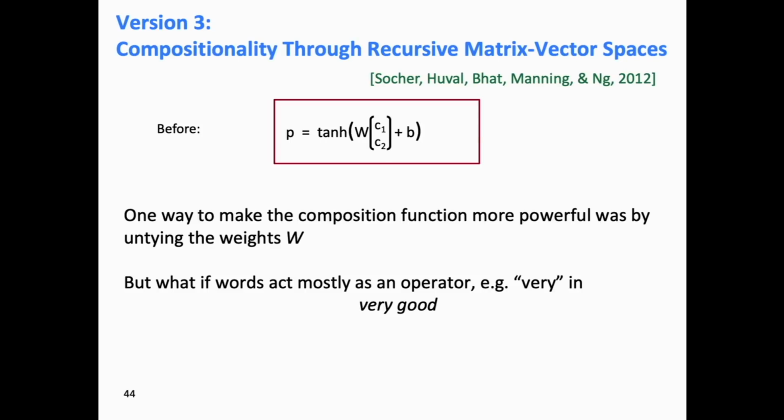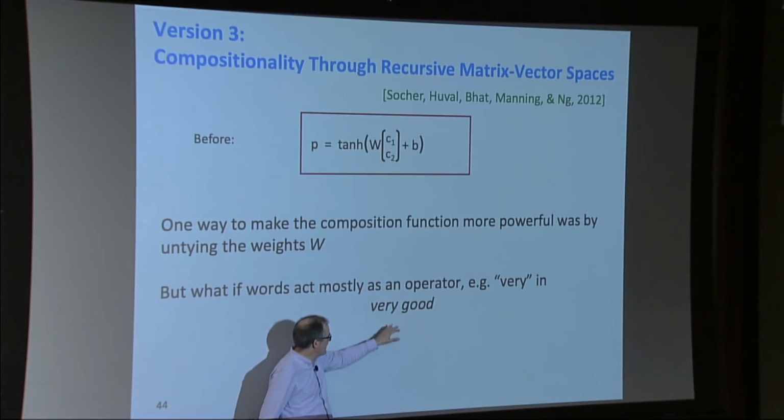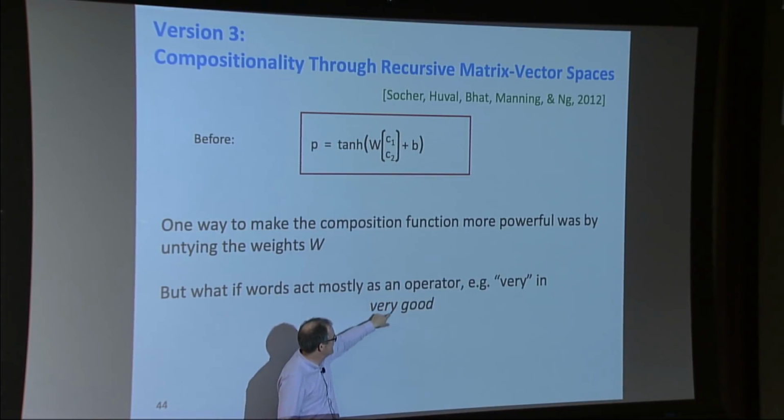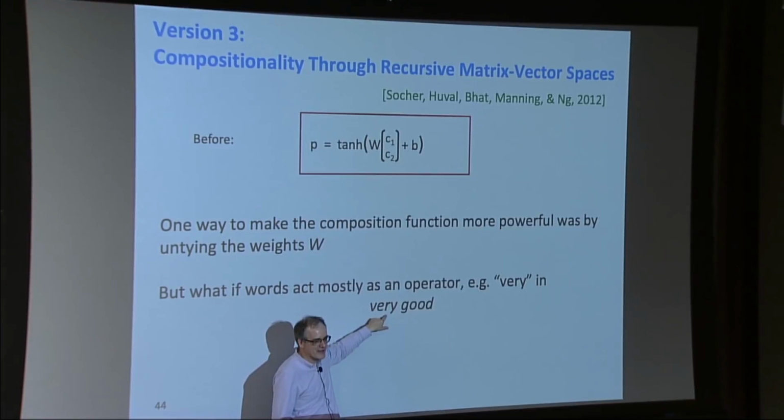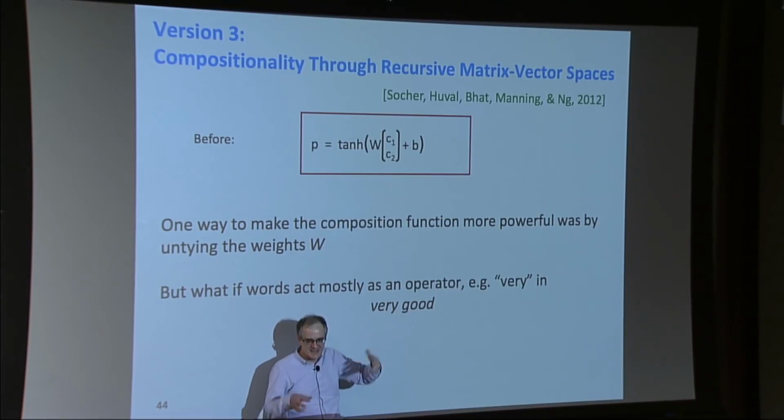So in particular, if you think about human languages and the kind of things that people look at in linguistic semantics, you get words that appear to be modifiers or operators. The word very doesn't mean much by itself. It means something like strengthening or more so. But it doesn't really have a denotation.